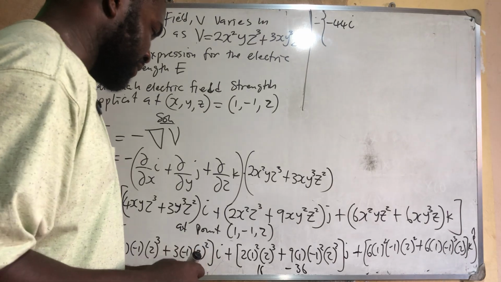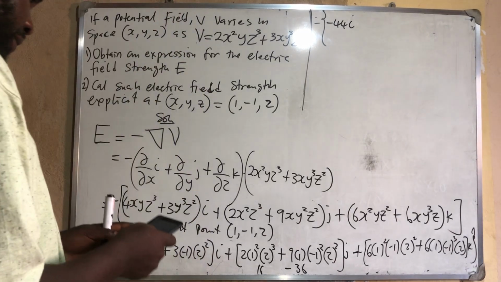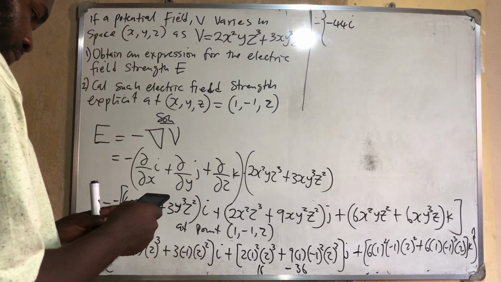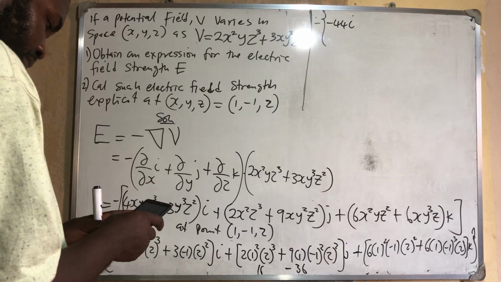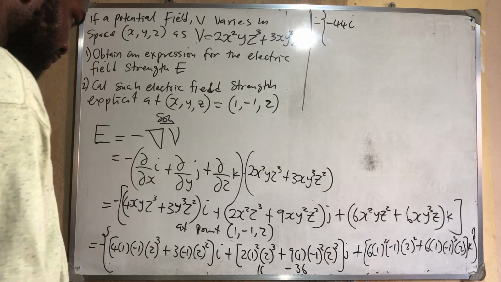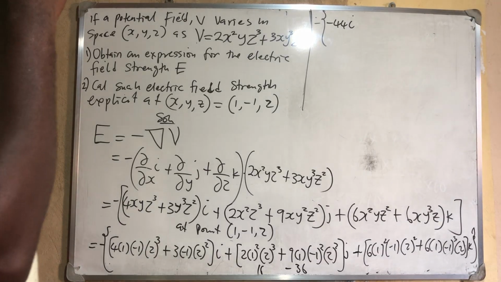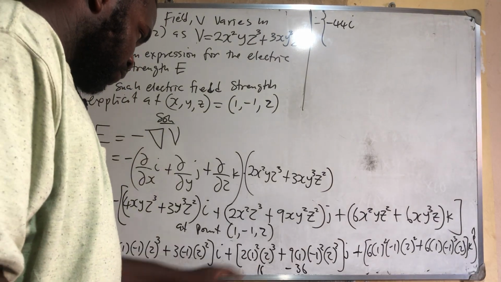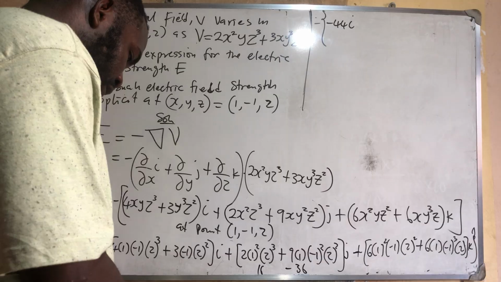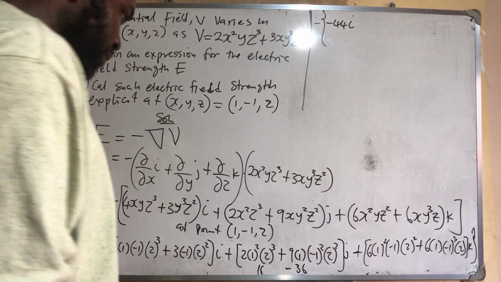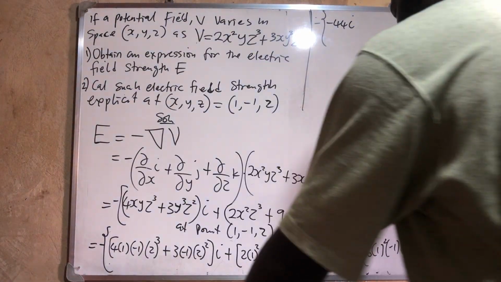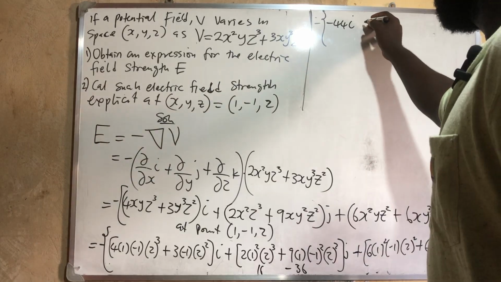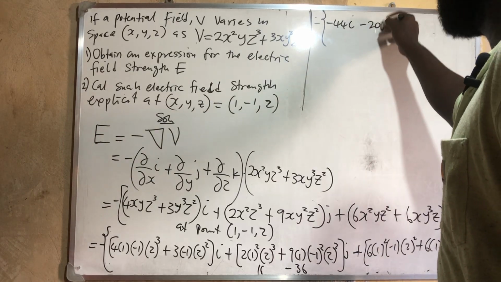So 16 minus 36. So I have 20. Am I making any mistake anywhere? 8 times 2, 16. Yeah, 16 minus 36, that is minus 20. So I have minus 20j.